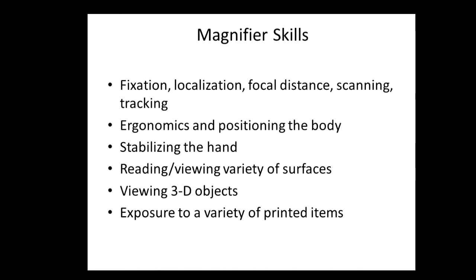The examples can be like a cereal box. Post office forms are something that we run into a lot. Looking at a cell phone manual, all of these bring in the different print sizes. For viewing 3D objects like action figures or closely inspecting jewelry, looking at objects in nature, all of these can be very appealing to students.